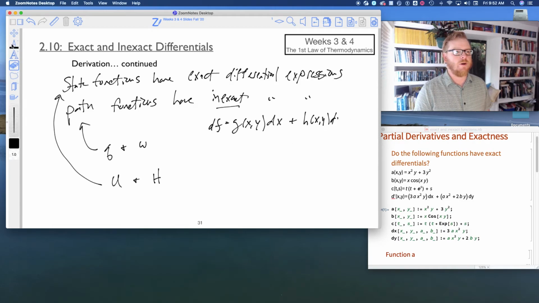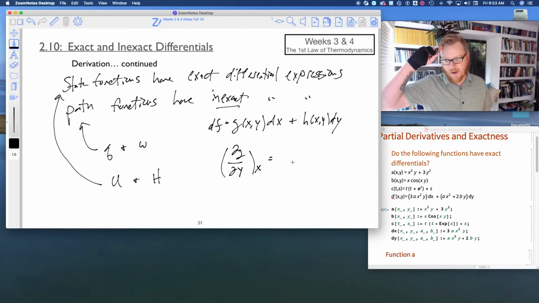Let me write that a little bit more clear. Okay? So there's the function g of xy dx plus h of xy dy. Okay? And so where we note now that the partial of g with respect to y at constant x has to equal what? Think about it for a minute and I'll write it down.